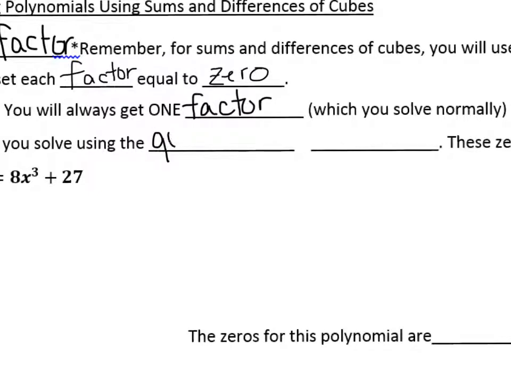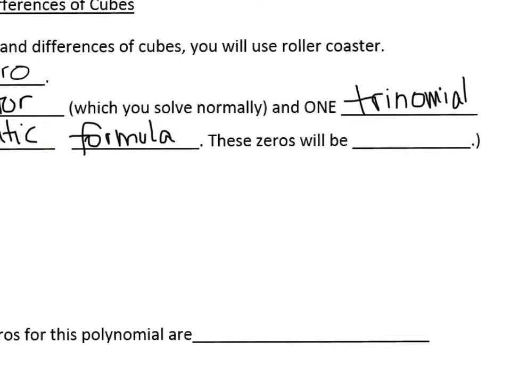We're going to bring back a lot of previous knowledge here. Now when we solve the trinomial using the quadratic formula, our answer, these zeros are going to actually be imaginary, which means you're going to be looking at a negative inside the square root, which we'll have to fix.